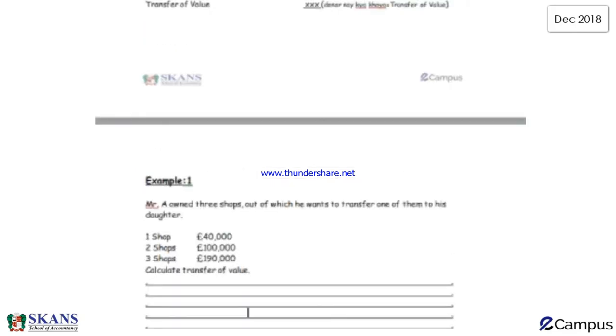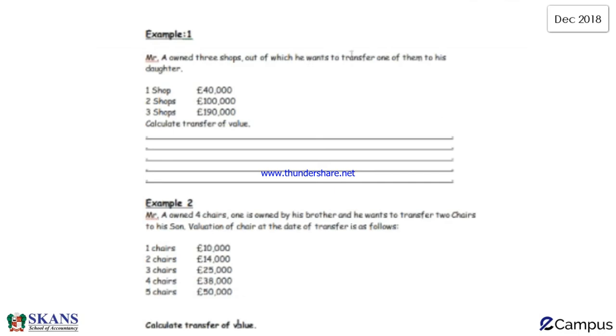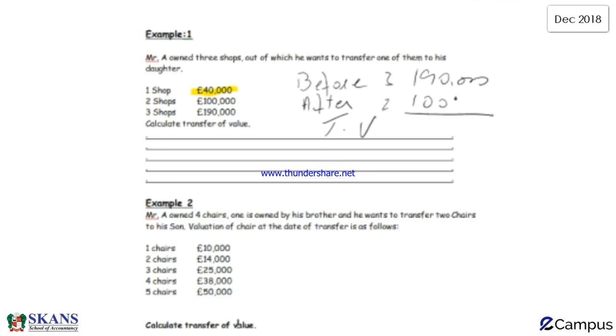If Mr. A owns 3 shops, out of which he wants to transfer just one shop to his daughter, what would be the transfer of value? Make sure candidates are not required to prove this; that is what is called transfer of value. Right now, he has 3 units worth 190,000 before making the transfer. After the transfer, he still has a property of 2 units.